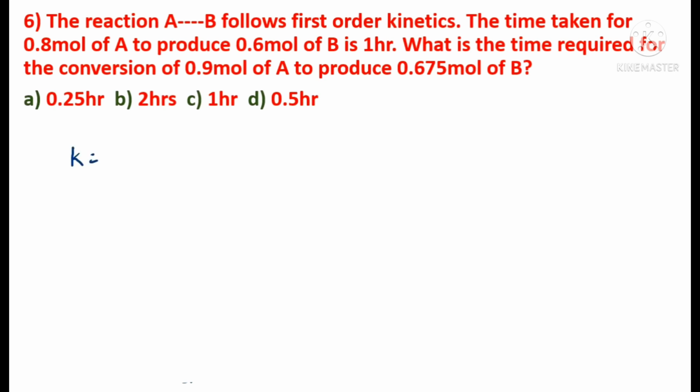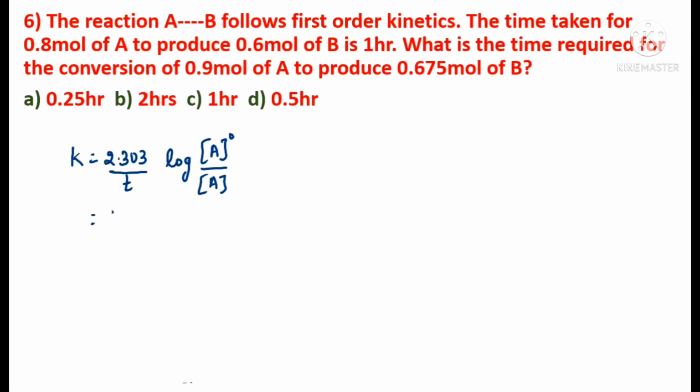K is equal to 2.303 by T log of the initial concentration divided by the concentration of the reactant after some time. Okay, now this is the formula. In this formula we are going to substitute all these values and find out K. Understood?